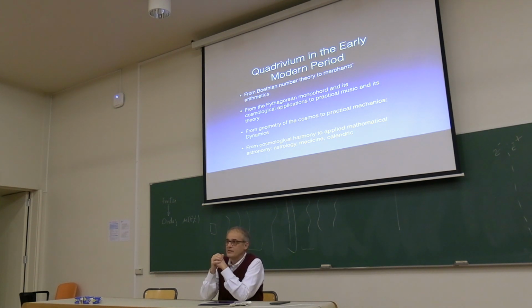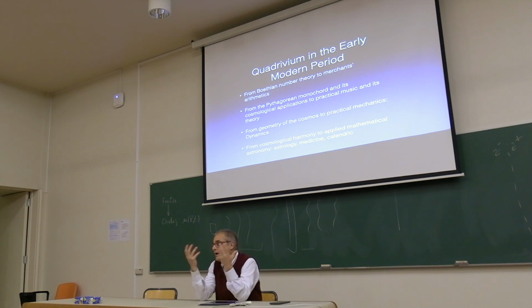The difference is less precise than in the other cases because also the cosmos and geometry is dynamics. It's not just static. But then we have in the frame of astronomy from cosmological harmony to applied mathematical astronomy, astrology, medicine, and especially calendar.